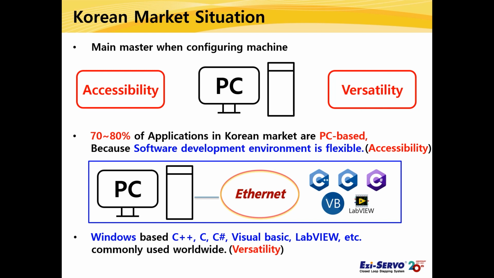Thus, it has good versatility. Therefore, FASTECH Ethernet products provide an API for these programming languages, making them ideal for various customers' software development environments. Like this, when configuring the machine, FASTECH's Ethernet products are used as a suitable solution in the Korean market. That accessibility and versatility are important.